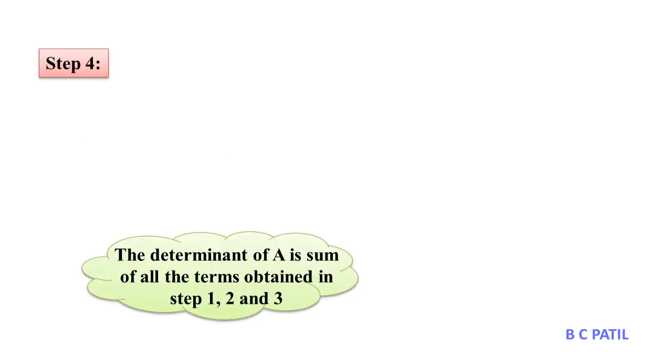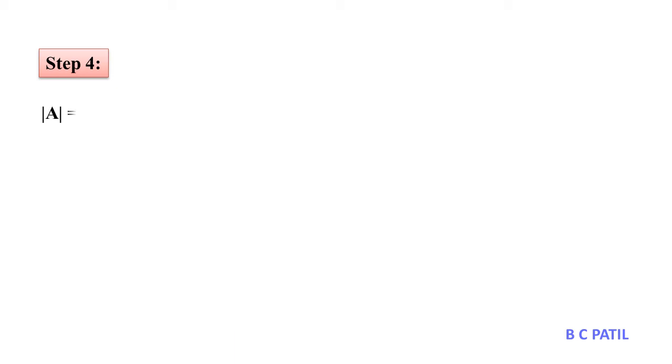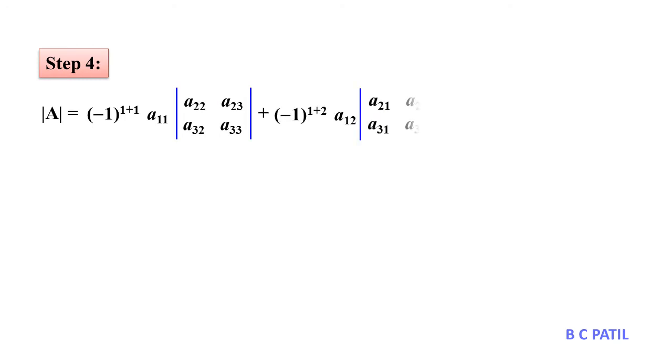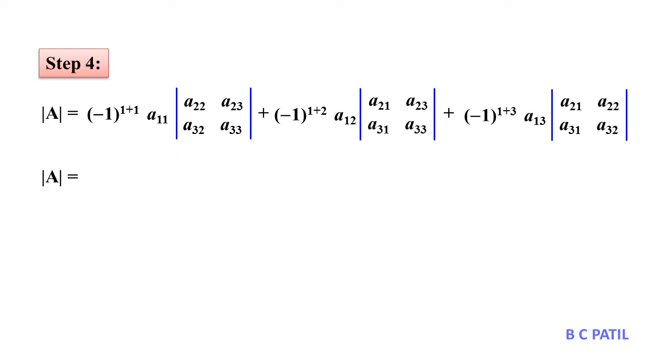Step 4: The determinant of A is the sum of all the terms obtained in steps 1, 2, 3. That is, minus 1 raised to 1 plus 1.